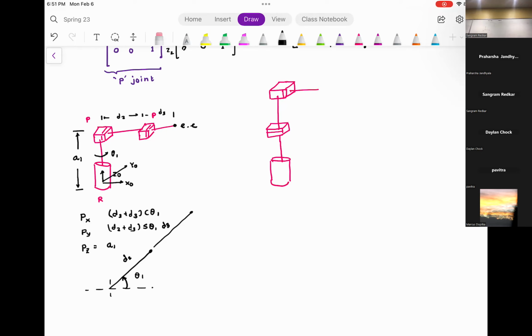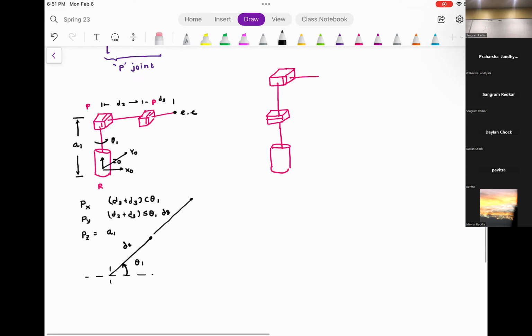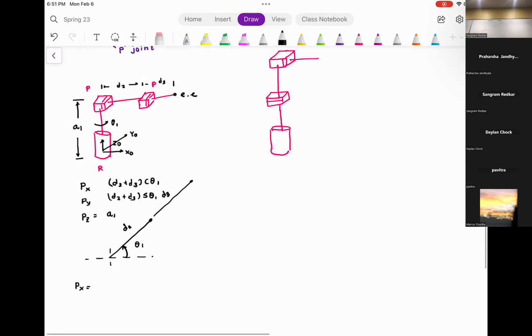I'll explain this once. If I give you Px is equal to 5 and Py is equal to 3, then what would you do? Py divided by Px is (D2 plus D3) sine theta 1 divided by (D2 plus D3) cosine theta 1. So this cancels and you can get the value of theta 1. Do you agree with me?